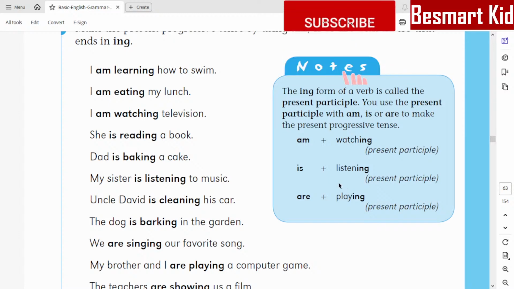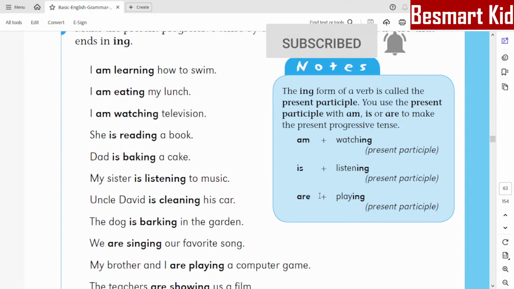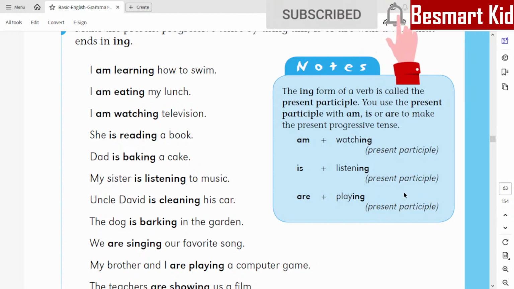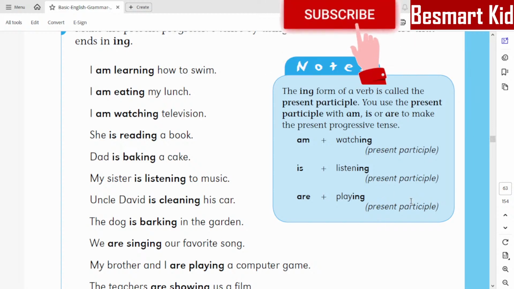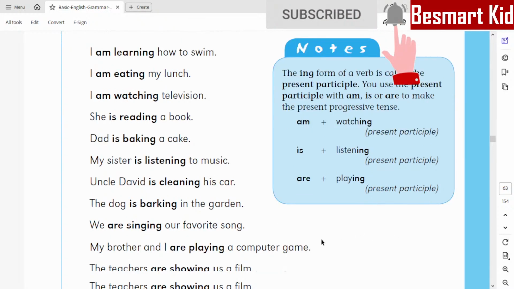Is plus listening is equal to is listening, but also listening is the present participle. Are plus playing is equal to are playing. So that is the present participle.